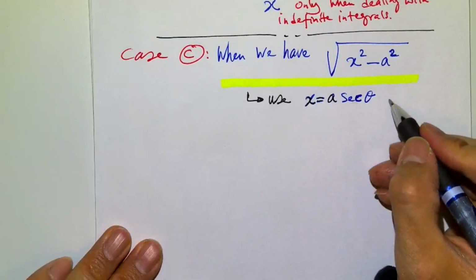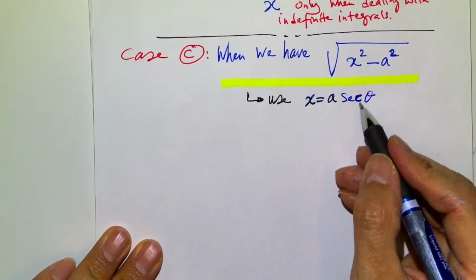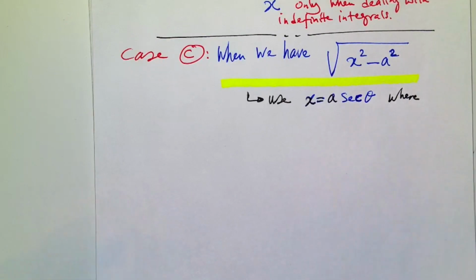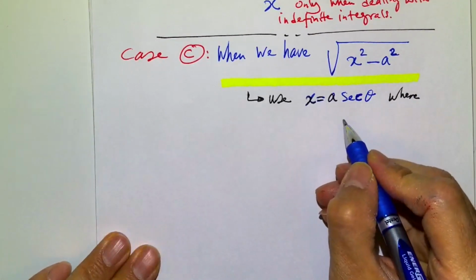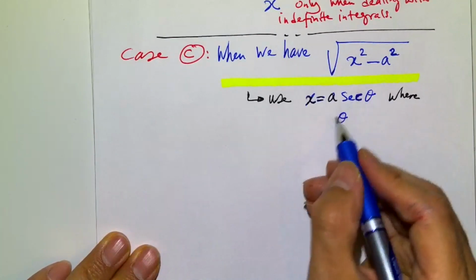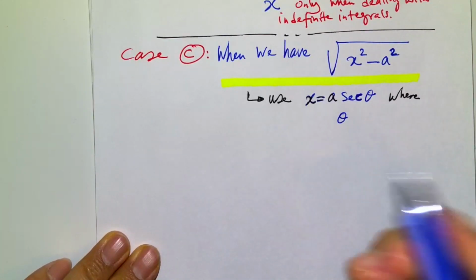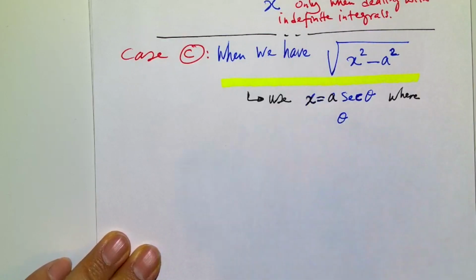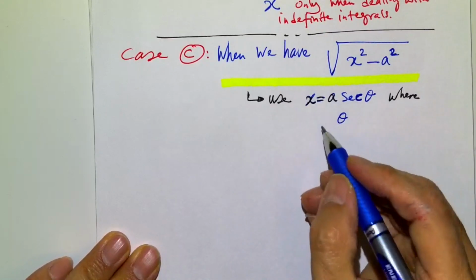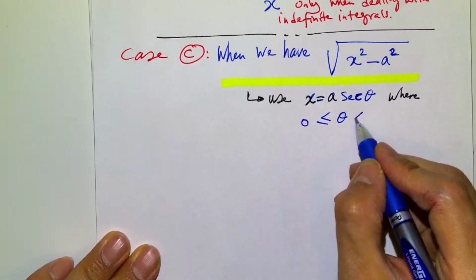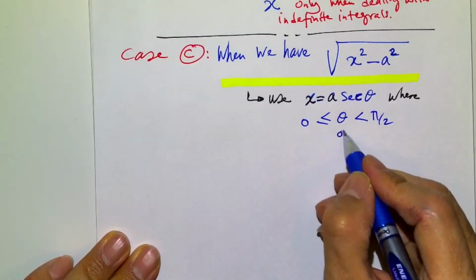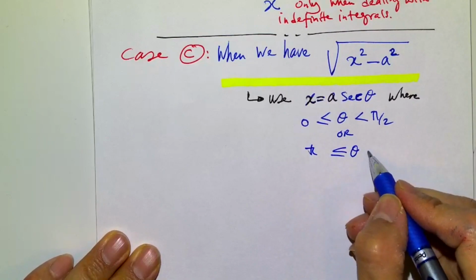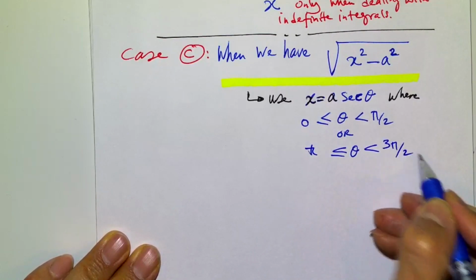Of course, we have to limit the domain of this function in order for it to be 1-to-1. So where theta, secant theta is not defined wherever cosine of theta is going to be 0, because secant and cosine are reciprocals of each other. So we have pi over 2 and 3 pi over 2.